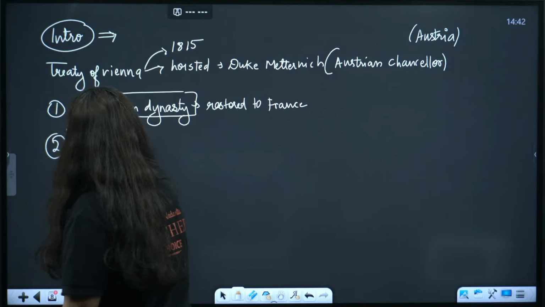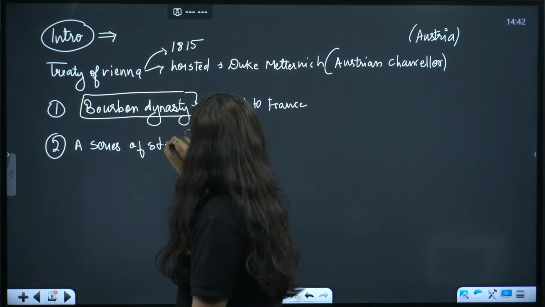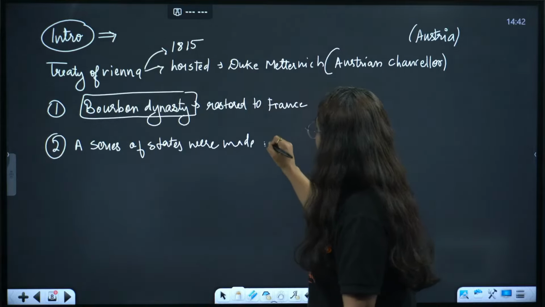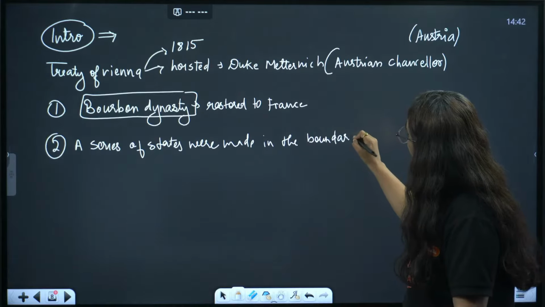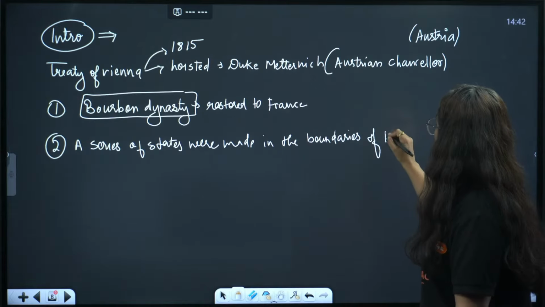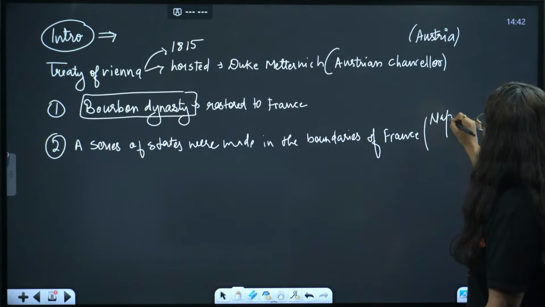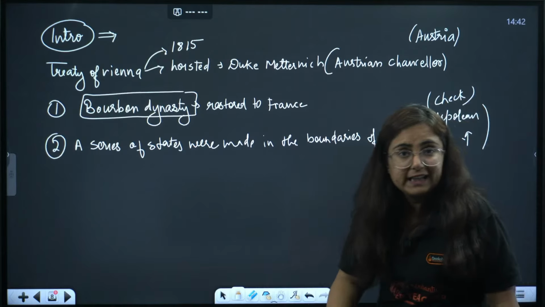A series of states were made in the boundaries of France, so that Napoleon's power can never increase again, so that they can have a check on the power of Napoleon or someone like Napoleon.